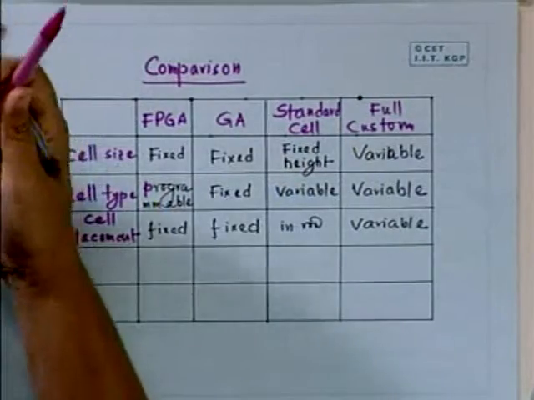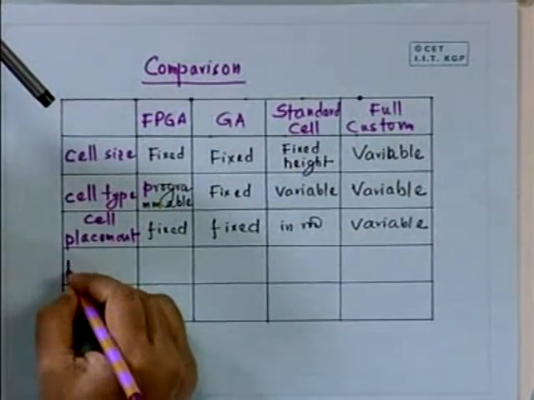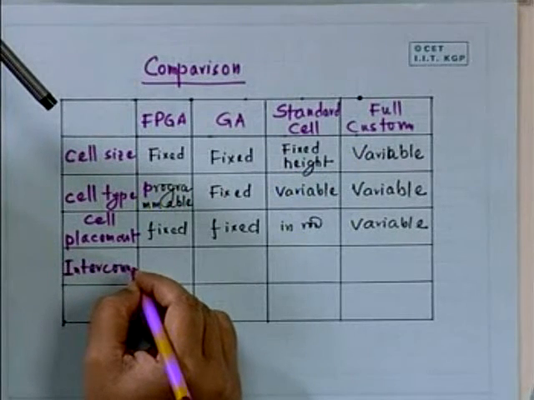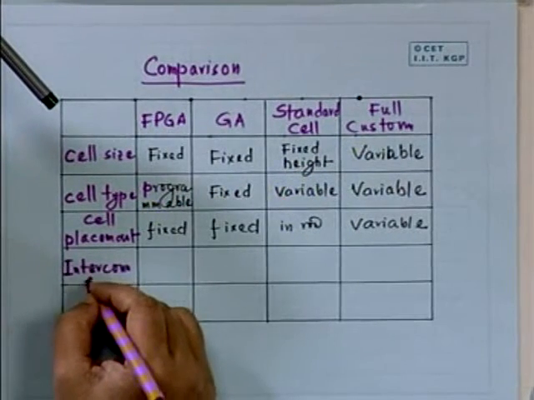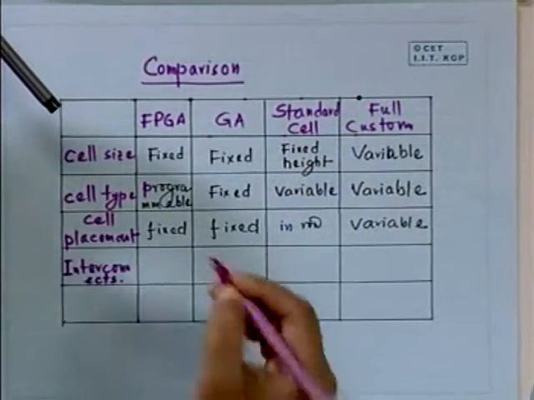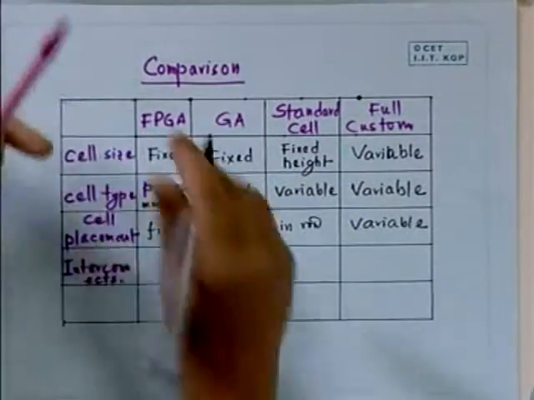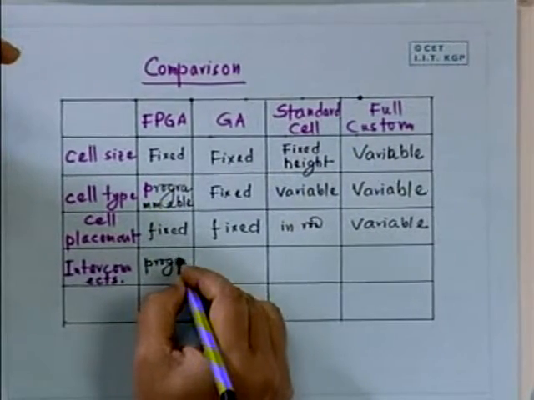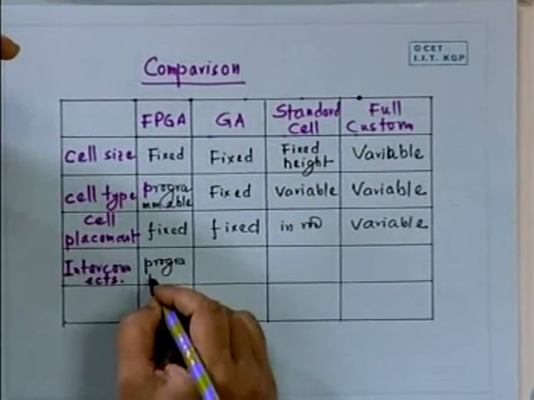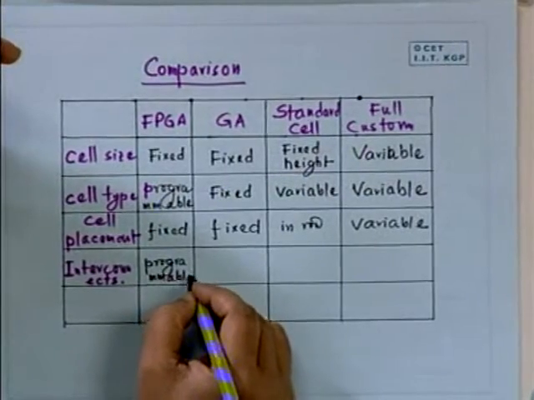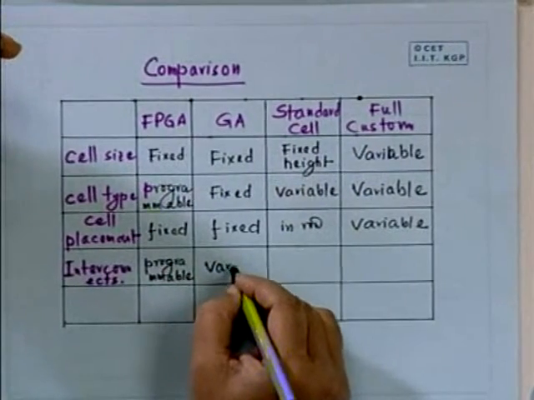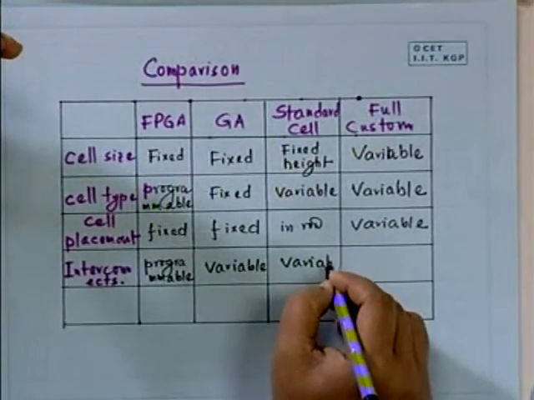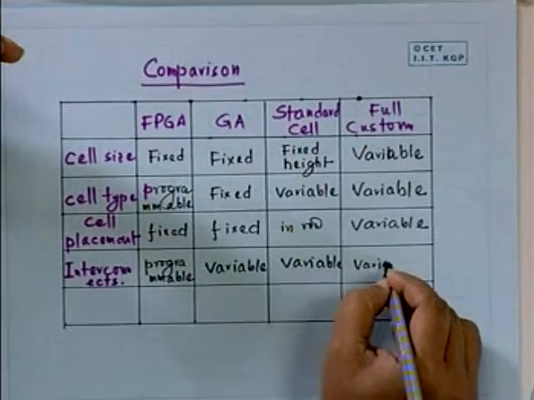Then interconnects: for FPGA this is programmable. This is variable, this is variable, this is variable.